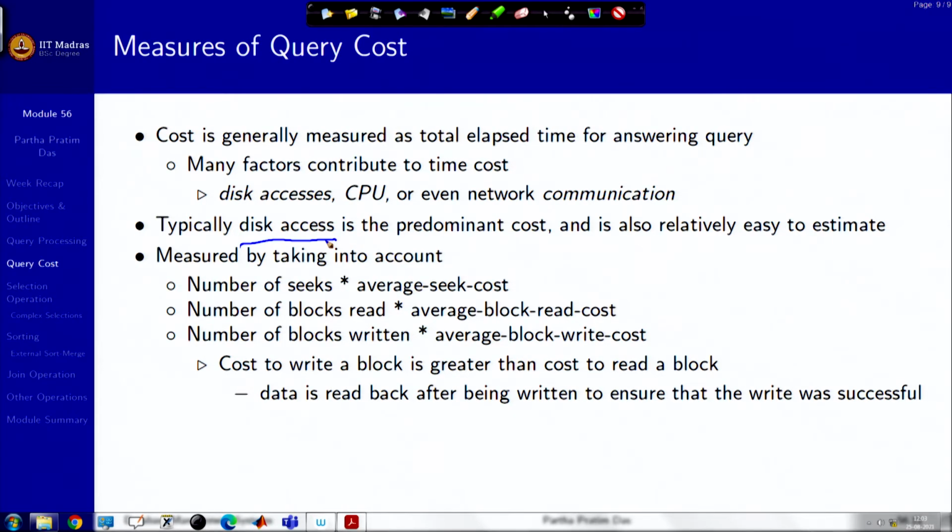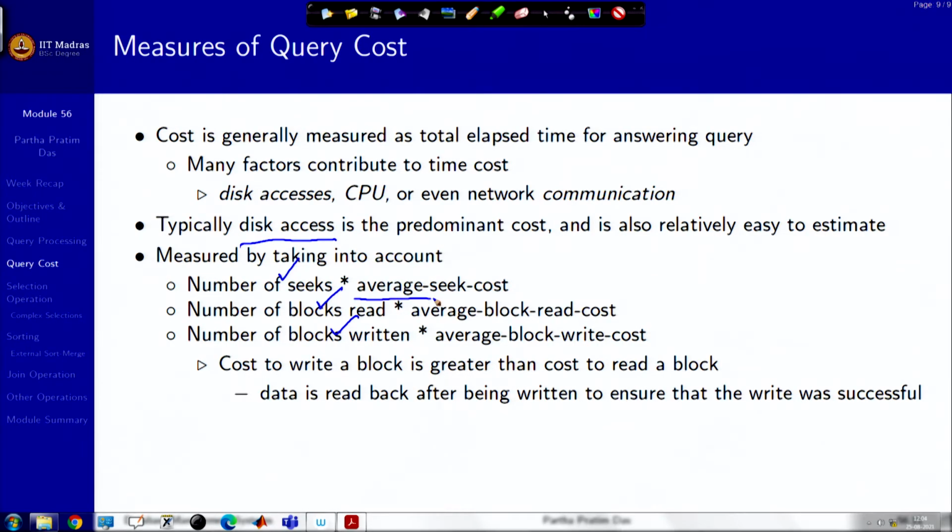So, what are the components of disk access? We have explained the entire mechanism of parallel head movement on the disk platter system, the total spinning stack. One part is the number of seeks that you need to do. The seek will bring you to the correct track where you can find your block, and then you will have the cost for read and the cost for write.